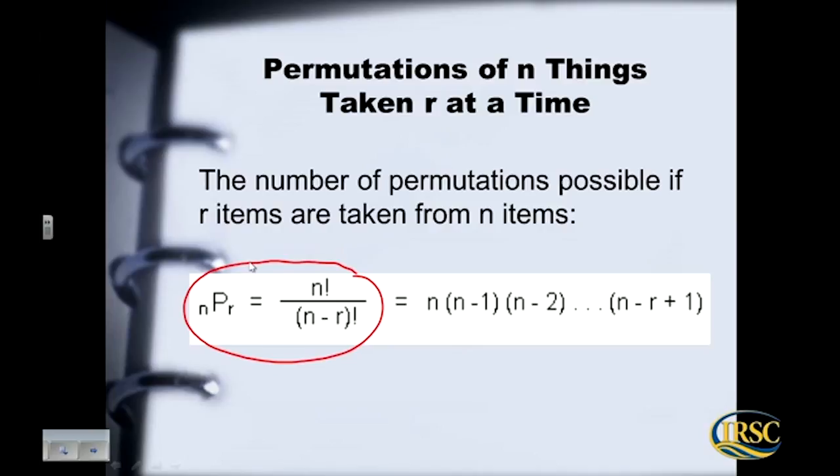Now, the second part of this formula right here is the pattern that occurs every time you do a permutation. You end up having the total number times the next number times the next number until you get to one more than the bottom number. Notice n minus r is your denominator. It'll always count down to one more than that denominator. And I'm going to show you why that happens.